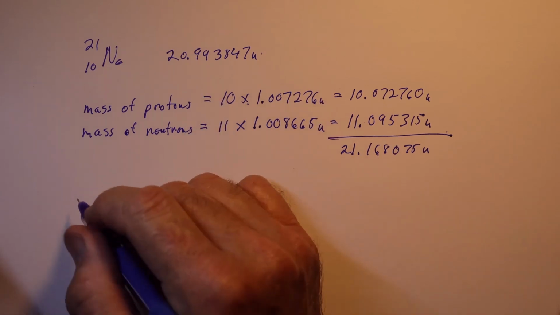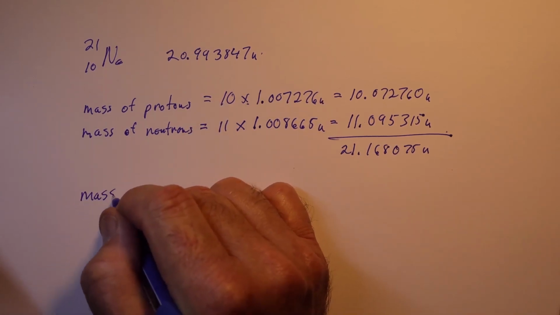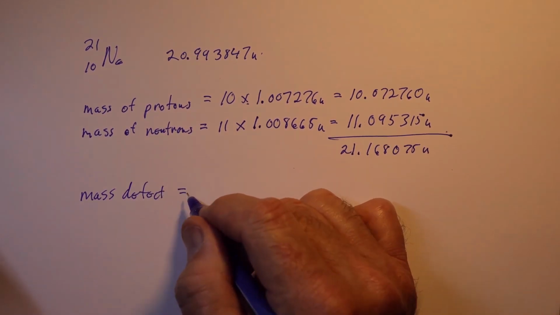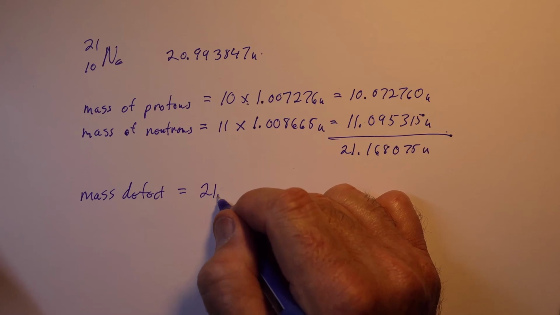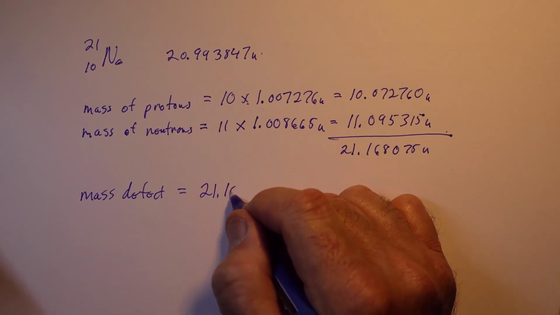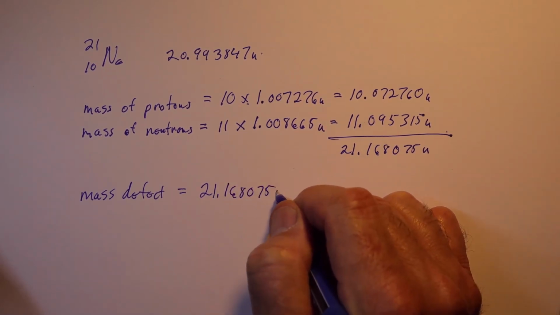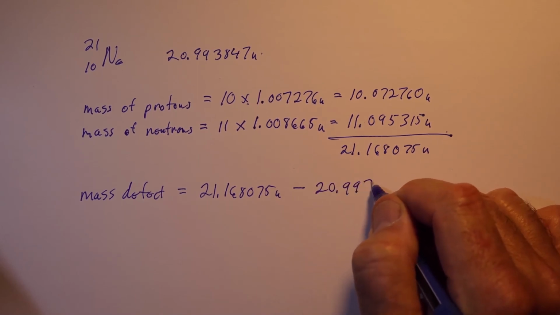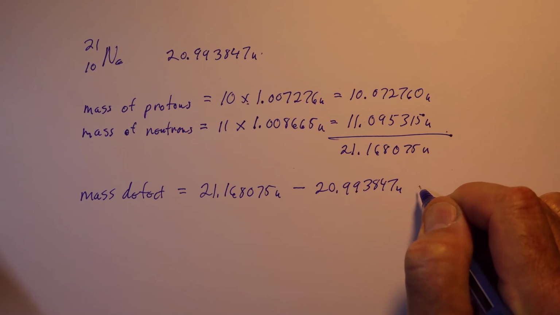The difference is referred to as the mass defect. And that's going to be just the difference between them, 21.168075 atomic mass units minus 20.993847 atomic mass units.